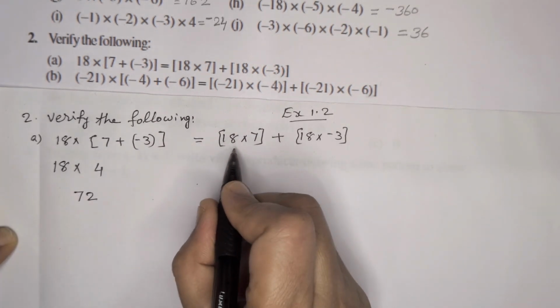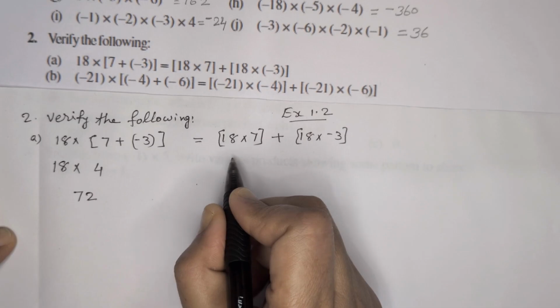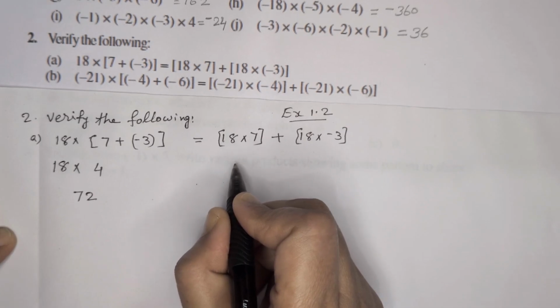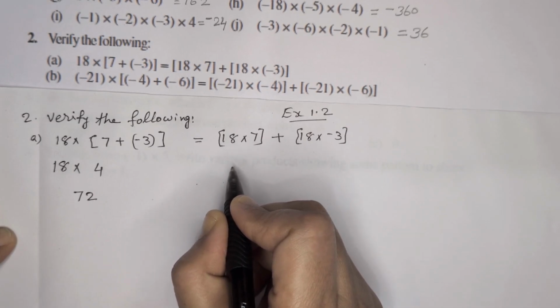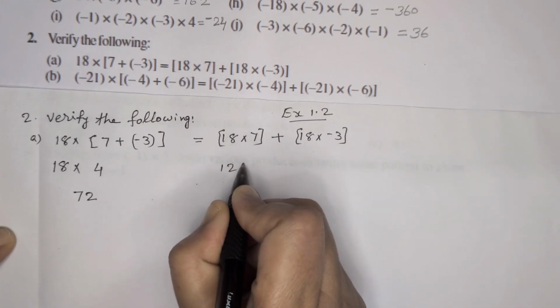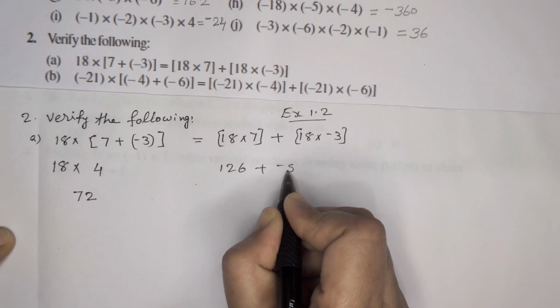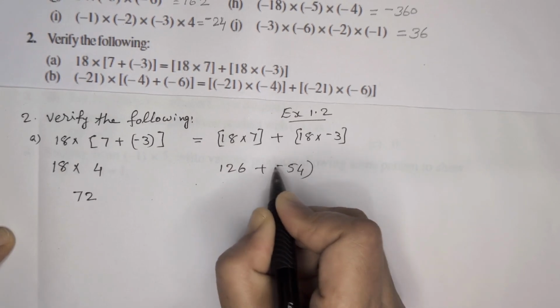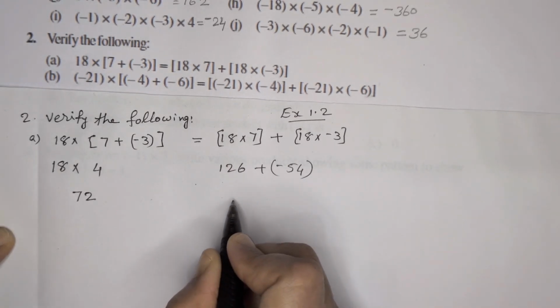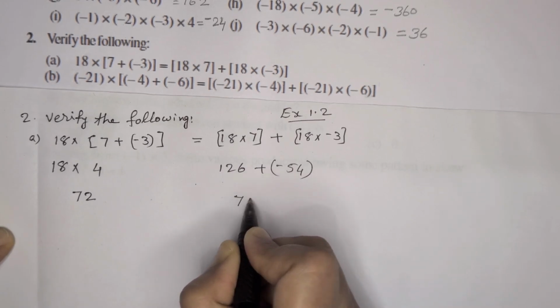RHS, 18 into 7. First we are doing this bracket, inside the bracket 18 into 7. When we multiply 18 into 7, it will become 126, plus 18 into minus 3, that is minus 54. When we are adding this, 126 plus minus 54, that also is equal to 72.